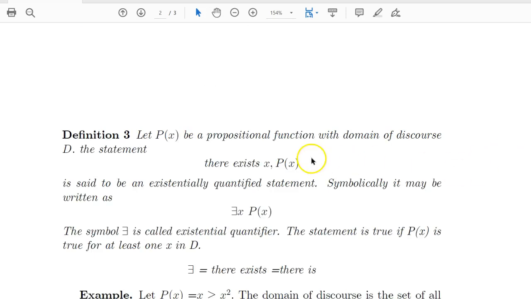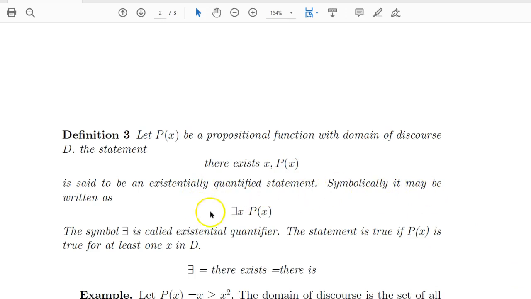The next definition. Let P(x) be a propositional function with domain of discourse D. The statement "there exists x such that P(x)" is said to be an existentially quantified statement.